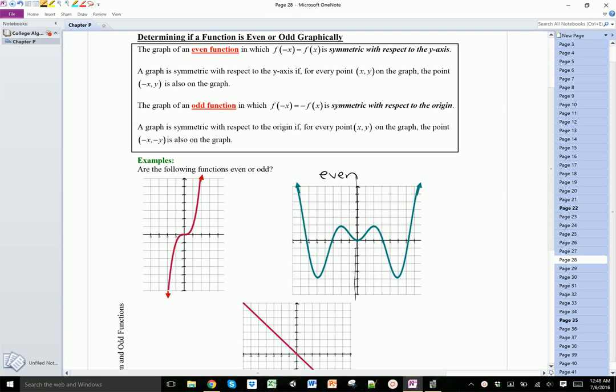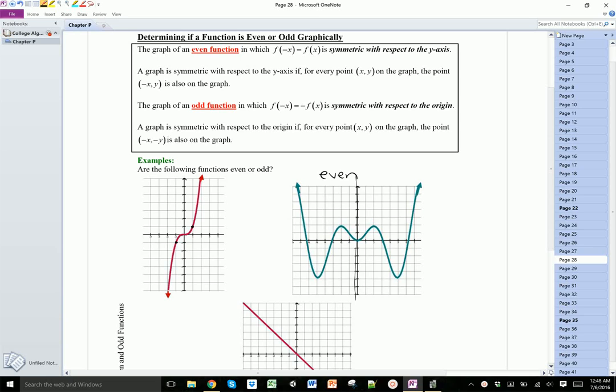The odd one is a little harder to see because it needs to reflect twice. It needs to reflect about the x-axis and about the y-axis. So if you see here, if we go right 1, up 1, and then go left 1, down 1, the exact opposite on the other side, we have a point.